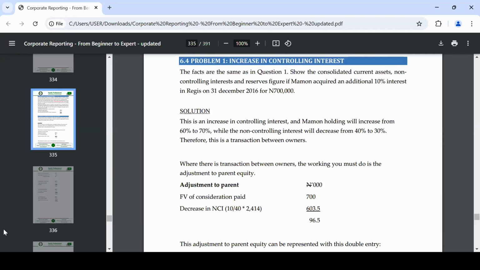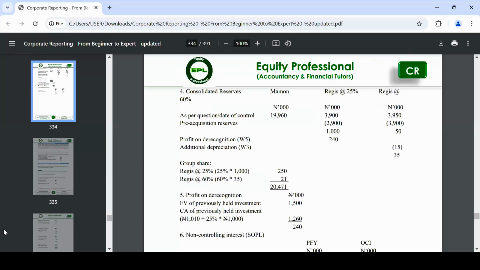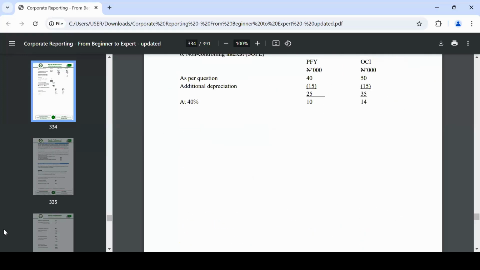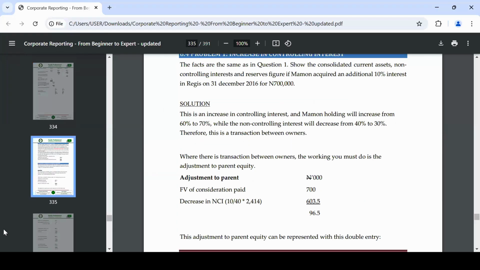Okay, the facts are the same as in question 1. Let me see the question 1 they are referring to. Okay, the question we just looked at is what they are referring to. They now said, show the consolidated current assets, non-controlling interest, and reserves figure if Mammon acquired additional 10% interest in Regis on 31st December 2017.